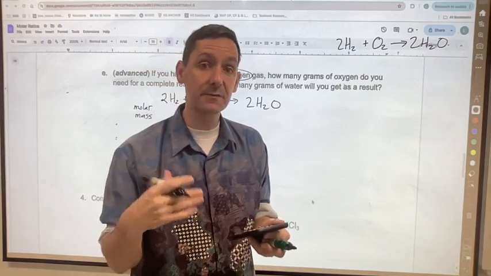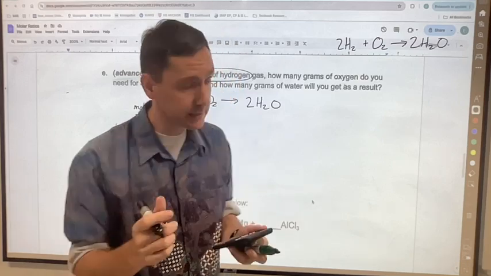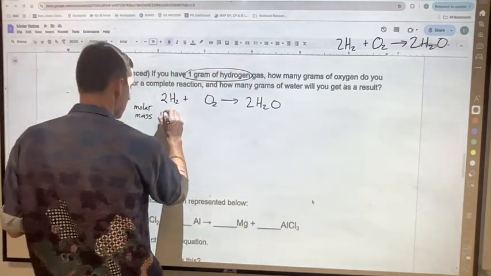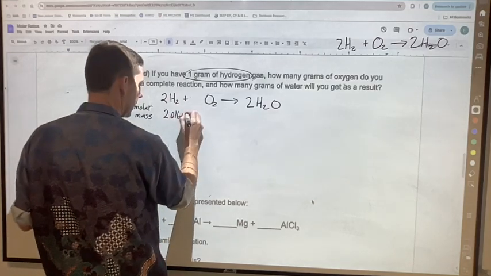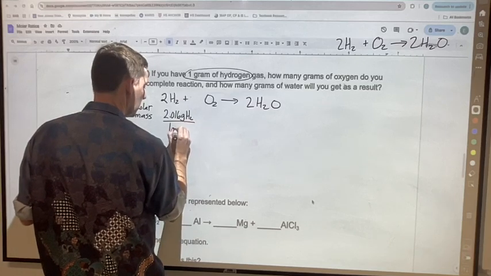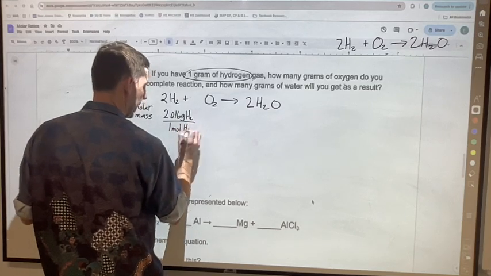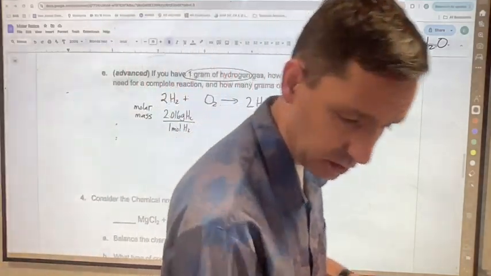The molar mass of hydrogen is 2.016 grams of hydrogen in 1 mole of hydrogen. I'm going to do the same thing for oxygen, right? I look up oxygen.